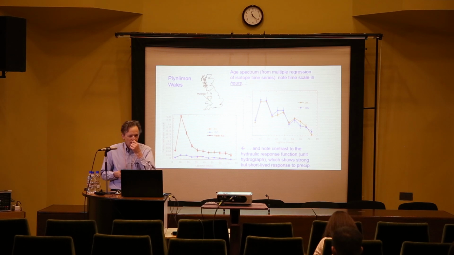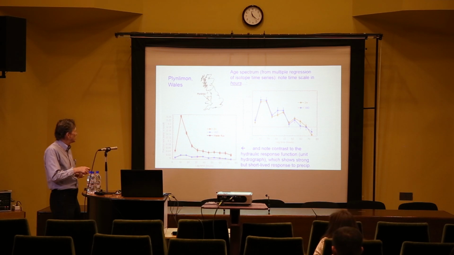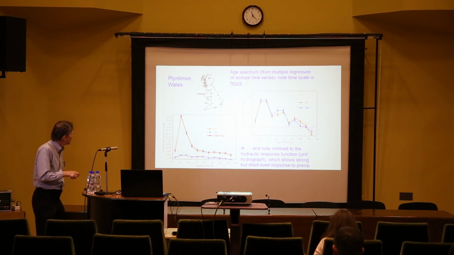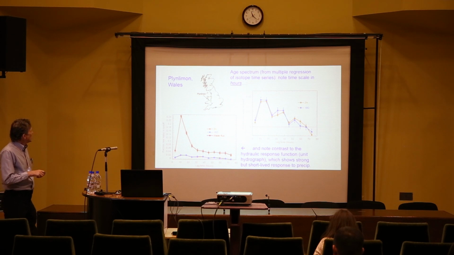Here's our favorite place, Plinlimmon. Here's the age distribution of the water that's coming out at Plinlimmon, at least for short times. There's obviously a long-term tail on this that goes out quite a long way. And here's the hydraulic response to precipitation events.